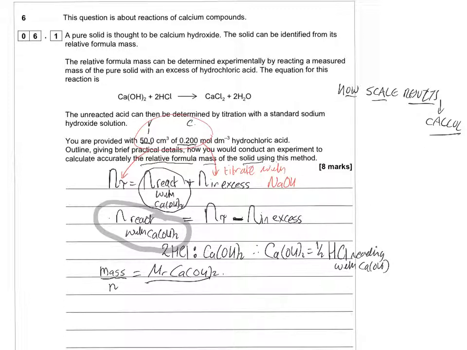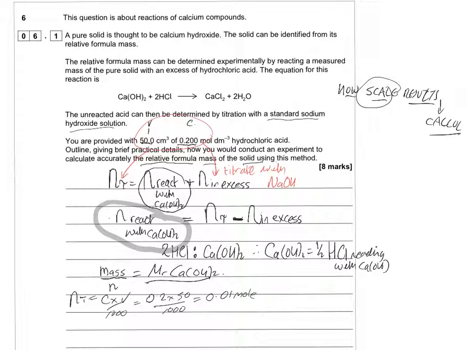The next thing that you've got to be careful with is what quantities are we going to use. They've left it up to us to decide on the concentration of the standard sodium hydroxide solution, but they've given us a hint. We're going to roughly know the maximum amount of moles of acid we've got because they've told us that the total number of moles, if we calculate that now, is equal to C times V over 1,000, which is equal to 0.2 times 50 over 1,000, which comes out to 0.01 moles.